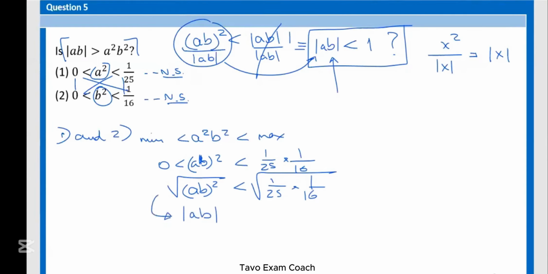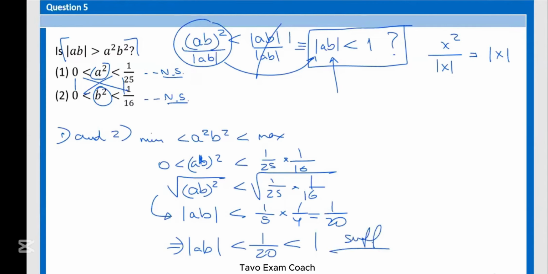This is an identity. And here, it would be less than 1/5 times 1/4, which is 1/20. So we have that the absolute value of a times b is less than 1/20, which is obviously less than 1. So now we have a unique answer. That is sufficient. We can verify that the inequality in the question is always true. So option C is the correct answer choice.